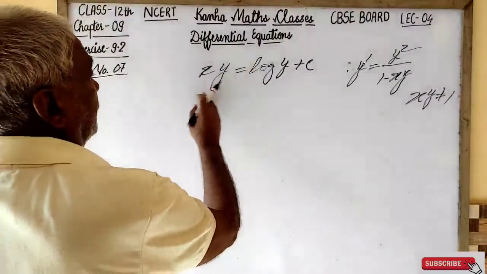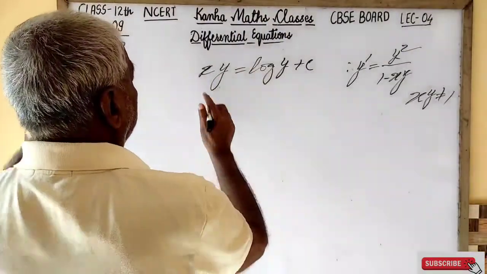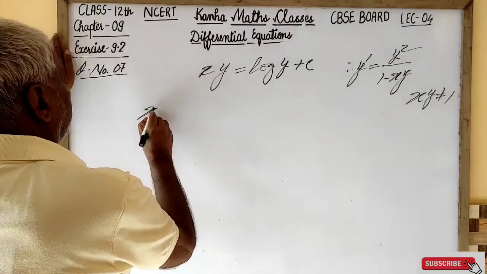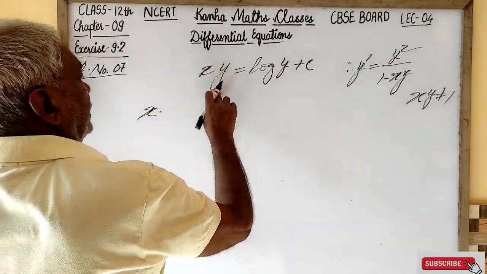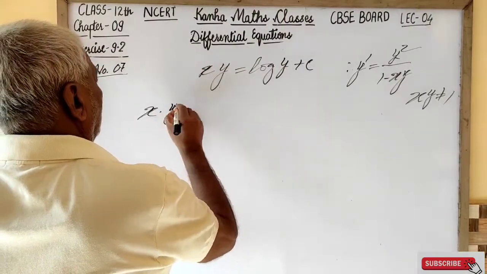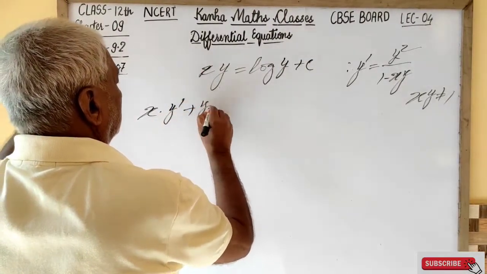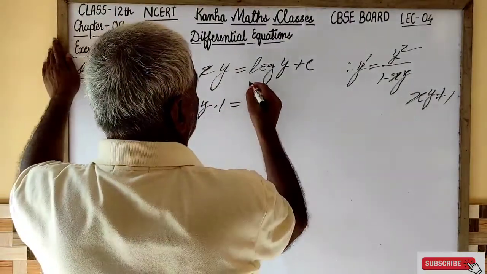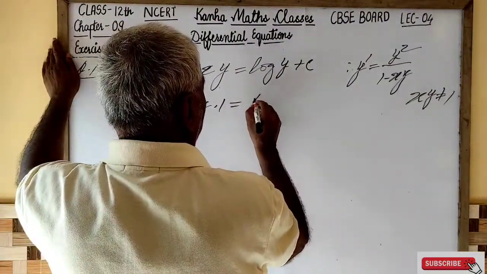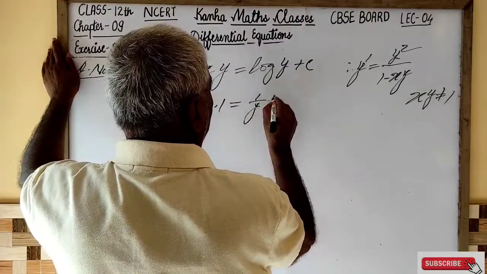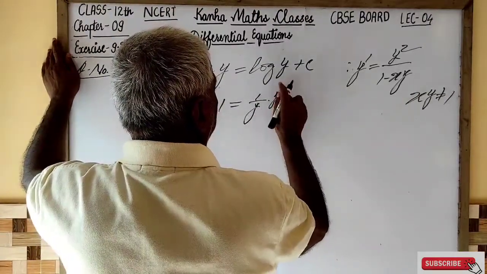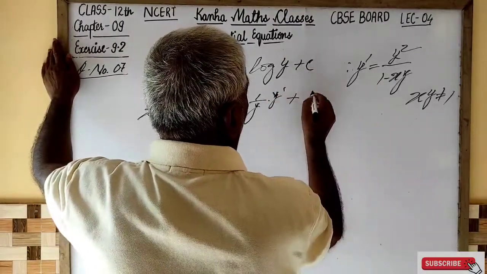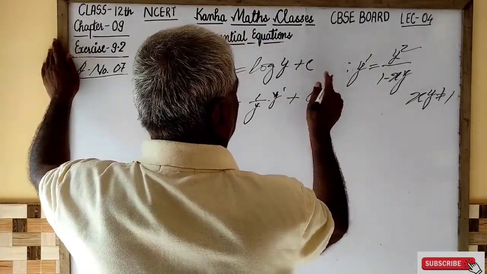Now taking the derivative of both sides of this function, this is the product of two functions. First function into derivative of the second, that is y dash, plus y into derivative of x which is 1, equals derivative of log y, which will be 1 upon y into y dash, and the right side is 0 because this is a constant.